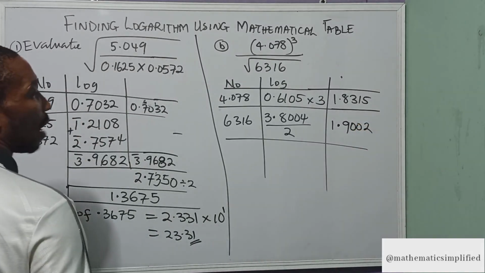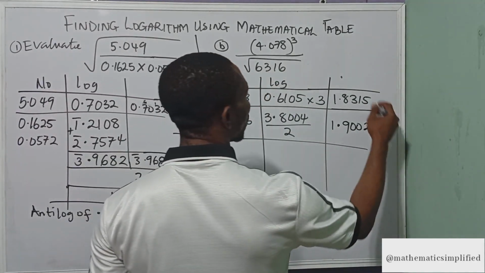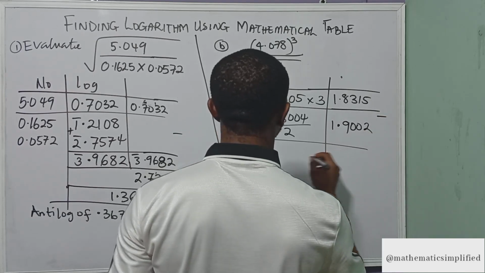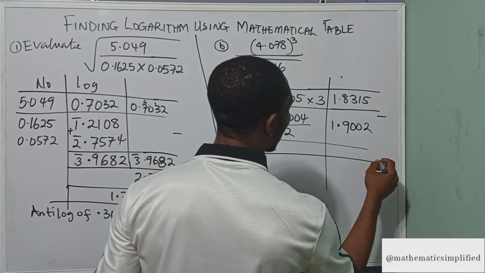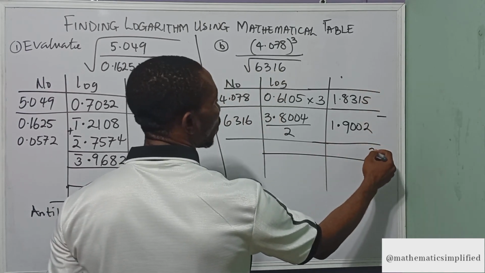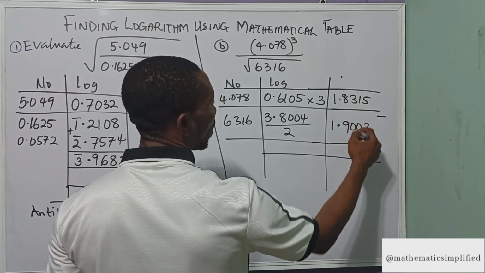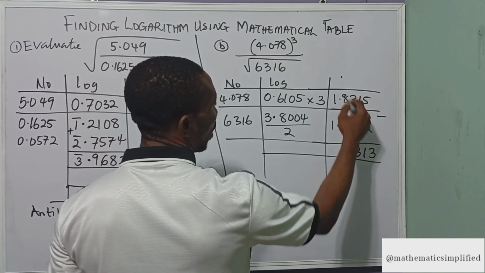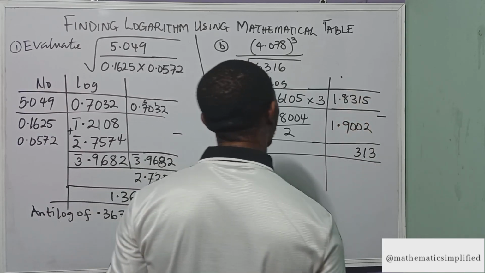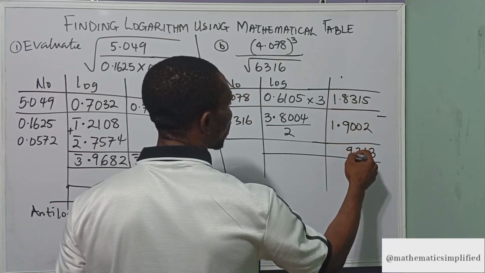Now, because this is division here, we do what? We subtract this. So subtracting this, we have 5 minus 2 will give us 3. 1 minus 0, 1. 3 minus 0, 3. 8 minus 9, cannot, we borrow 1. 18 minus 9 will give us 9.